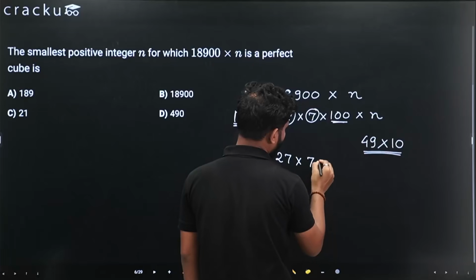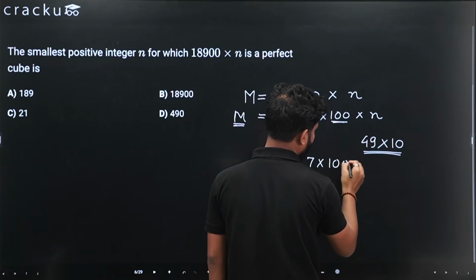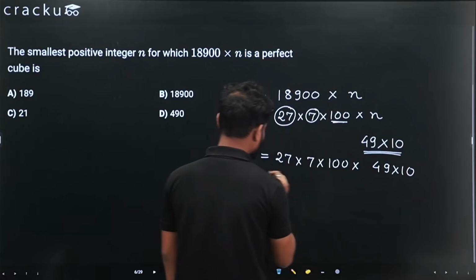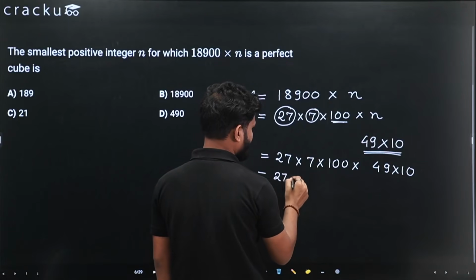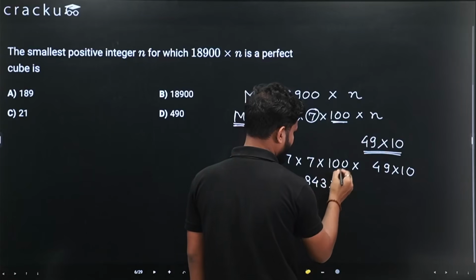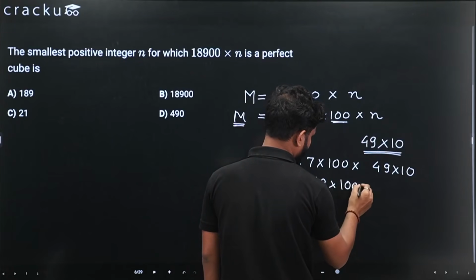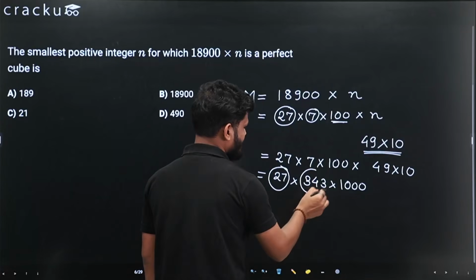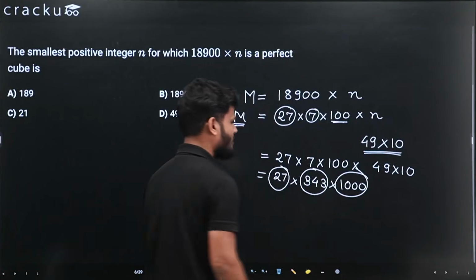By which if I multiply, I will get 27 into 7 into 100 into 49 into 10. So from here I can write 27 into 7 into 49, which is 343, and 10 into 100 is 1000. So this term is a perfect cube, this term is a perfect cube, and this term is also a perfect cube.